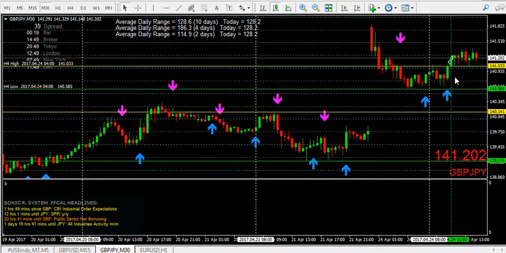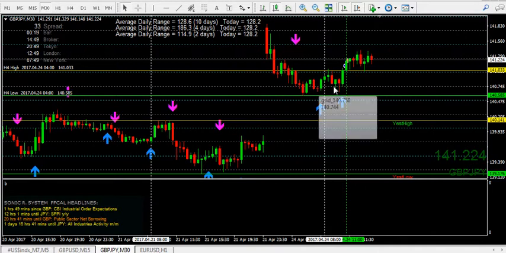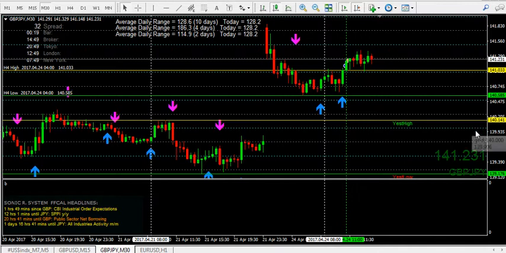I waited for the news, didn't care what the news was, because I'm not going to bother myself with fundamental analysis. All I'm interested in is the fact that the news will affect my trades, and it will cause this sideways motion for the best part of 3 or 4 hours there, and then finally we get a breakout.